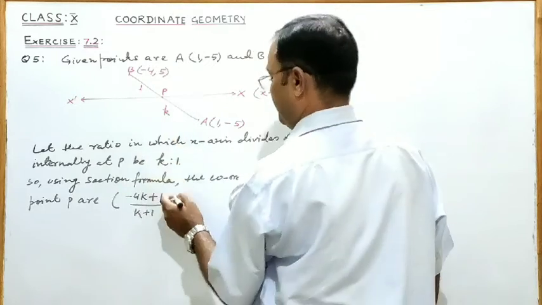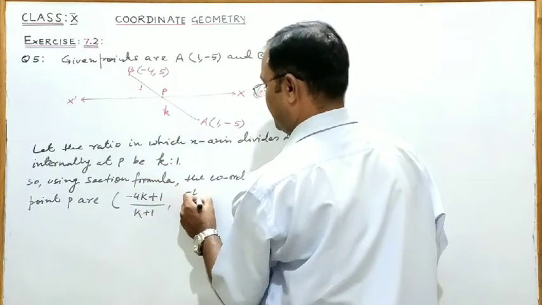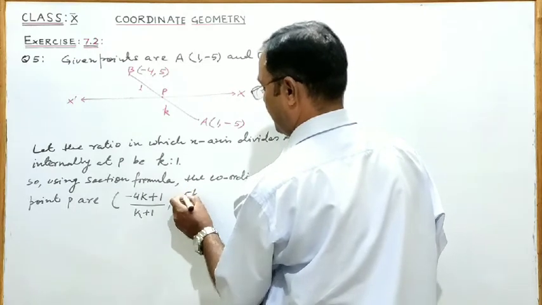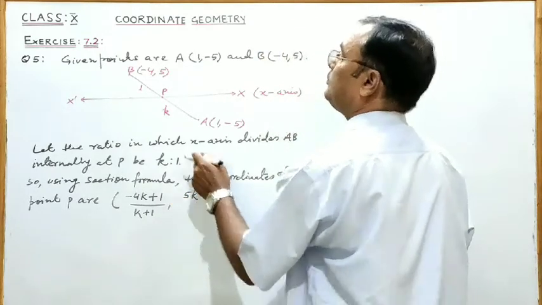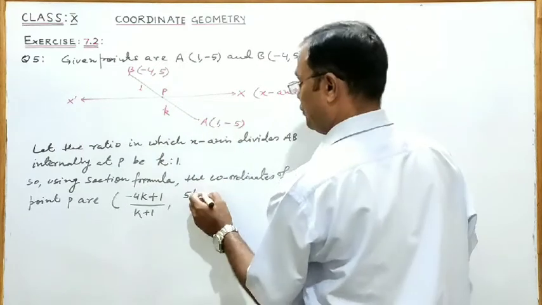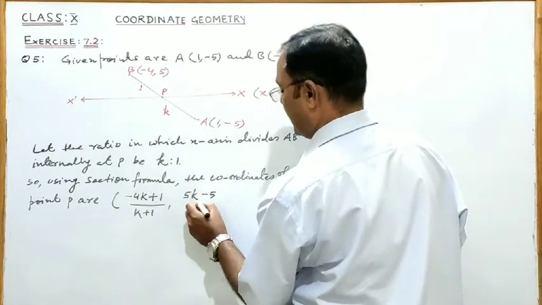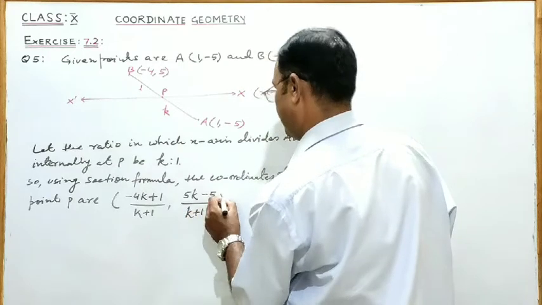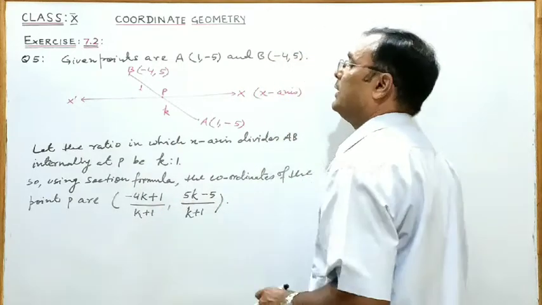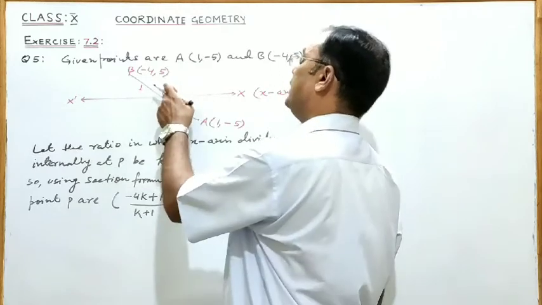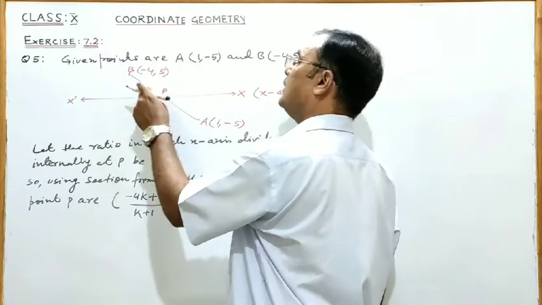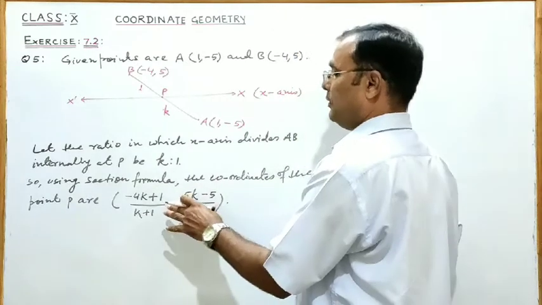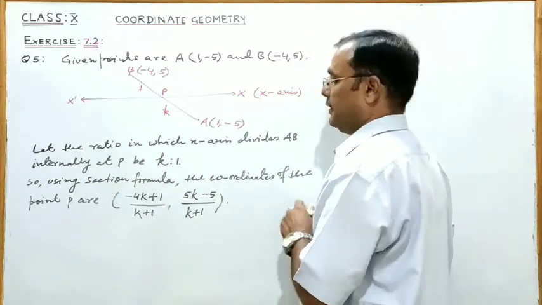And k into 5, 5k plus 1 into -5, -5, by k plus 1. So these are the coordinates of point P in terms of the ratio k is to 1, which is an unknown ratio, and that we want to find out in this question.